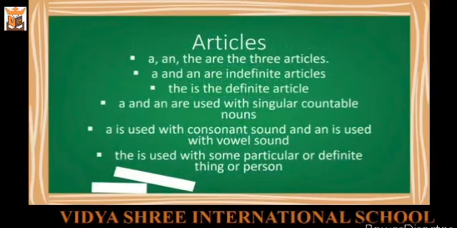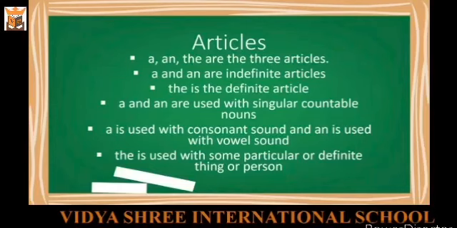As you have already learnt articles in your previous chapter, let us just quickly revise them. As you all know, there are 3 articles: a, an, the. A and an are indefinite articles, whereas we consider the as a definite article.